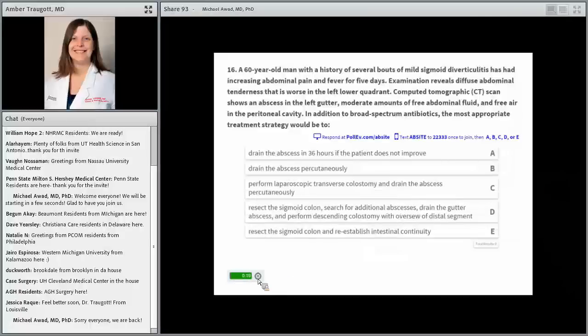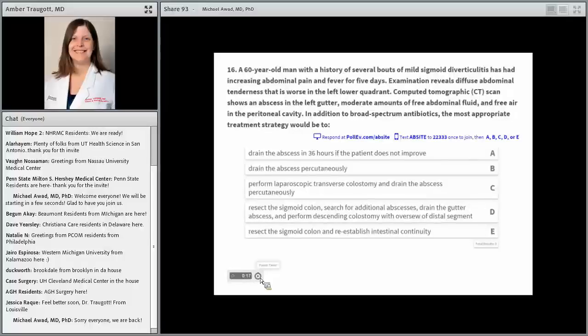Number 16, a 60-year-old man with a history of several bouts of mild sigmoid diverticulitis has had increasing abdominal pain and fever for 5 days. Examination reveals diffuse abdominal tenderness that is worse in the left lower quadrant. CT scan shows an abscess in the left gutter, moderate amounts of free fluid, and free air in the peritoneal cavity.